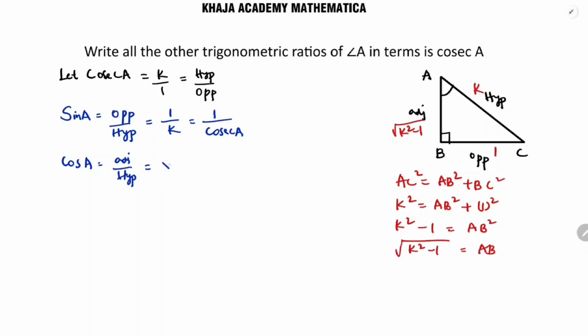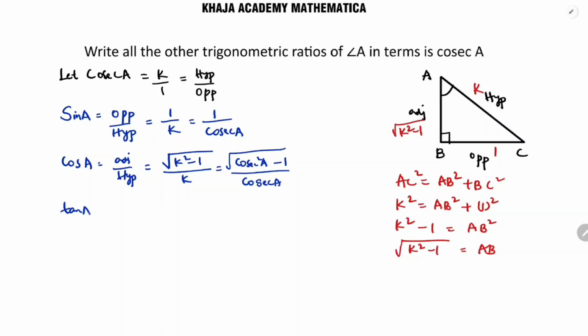Adjacent is under root k square minus 1, hypotenuse is k. Under root k square is cosec square A minus 1, by cosec A. Wherever is k, just write cosec A.